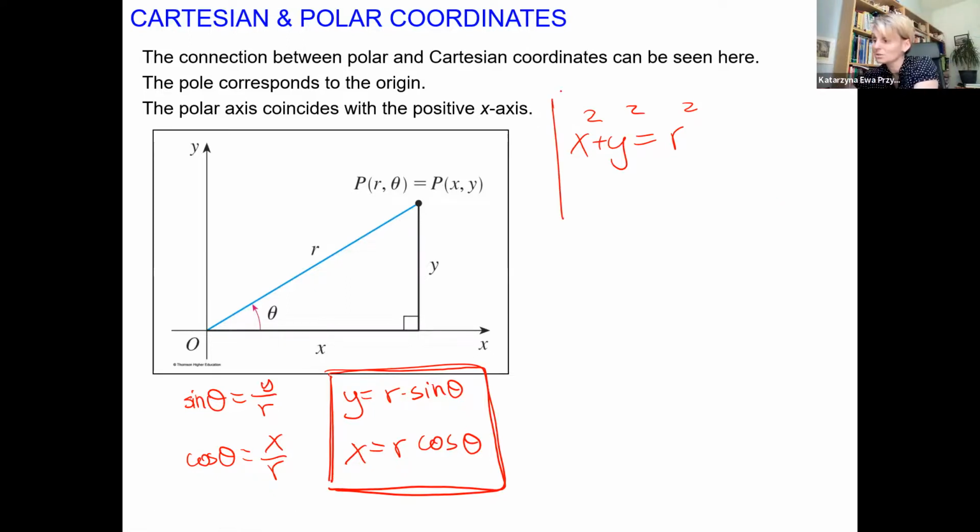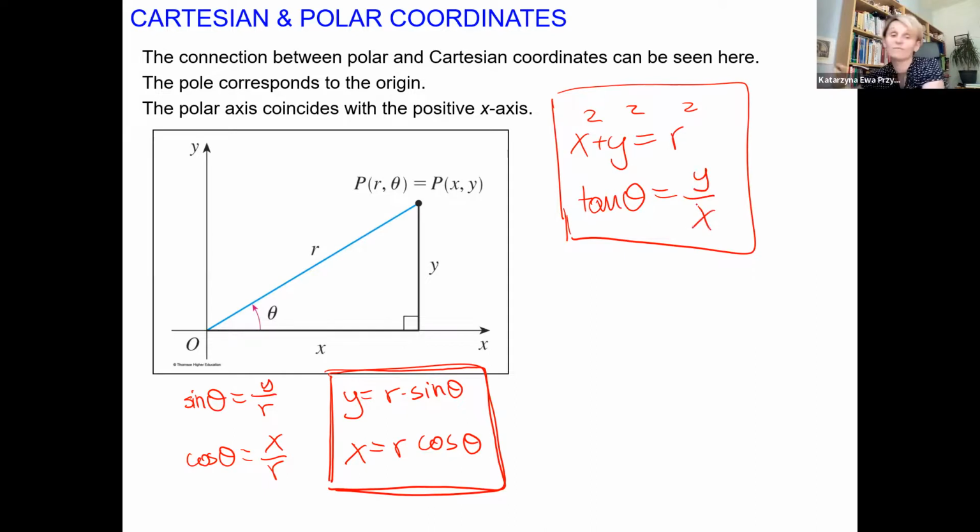Okay, but we also need 1 extra equation: how to get theta if x and y are provided. We will need this to convert one way, and we will need 1 extra to convert the other way. If x and y are given, what trigonometric function? Yes, tangent theta will be y over x.